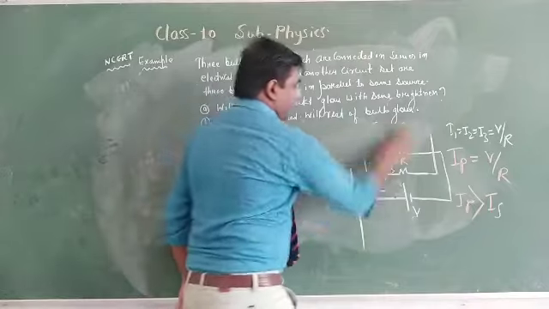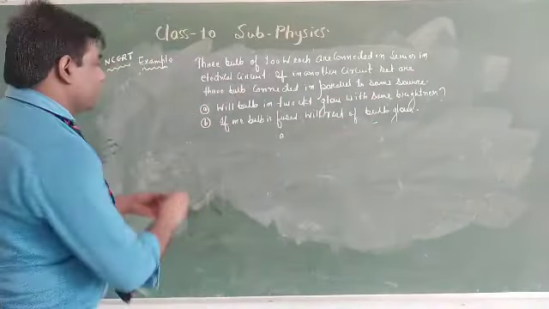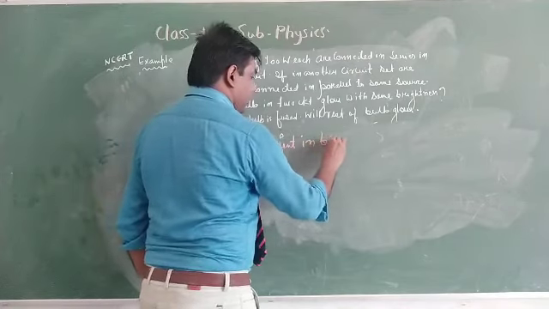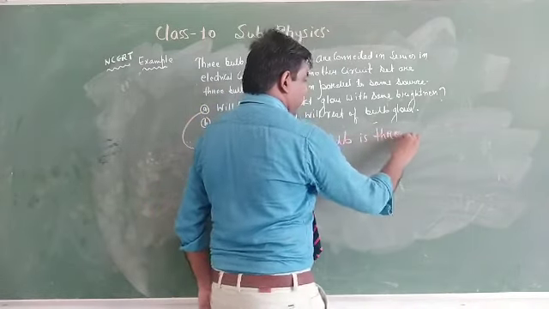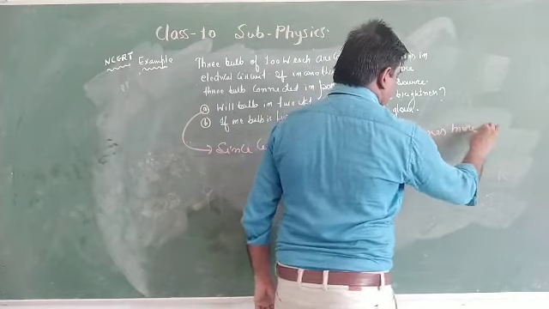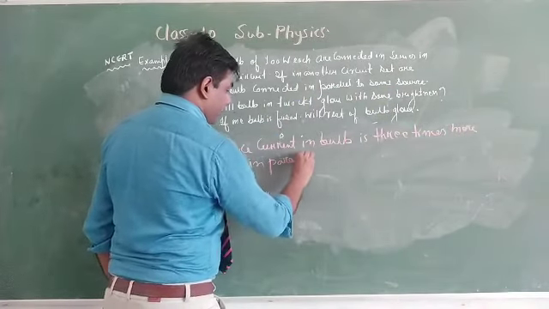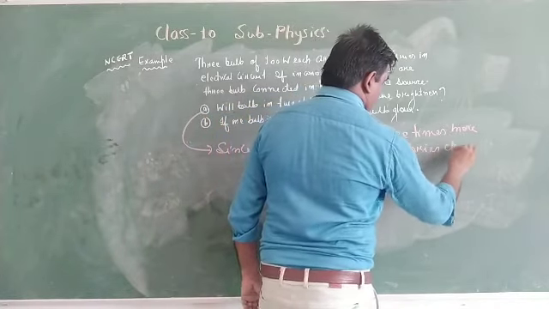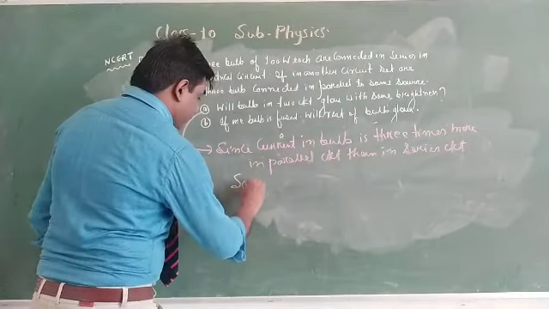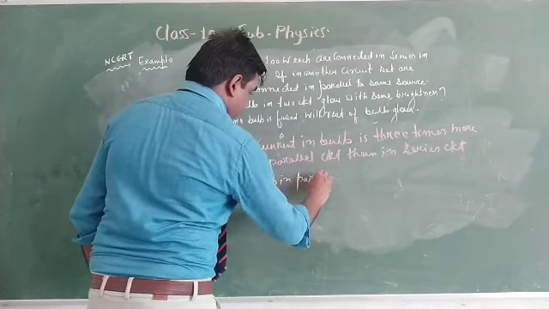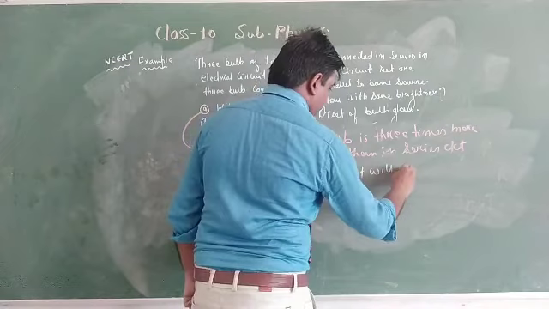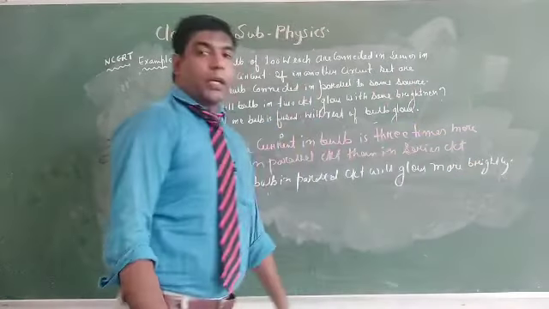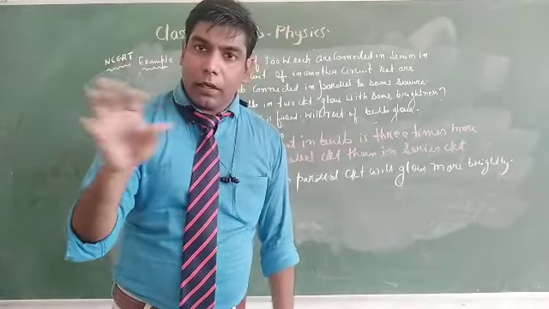So the answer is: current in the parallel circuit is 3 times greater than current in the series circuit. So the bulb in the parallel will glow more brightly.